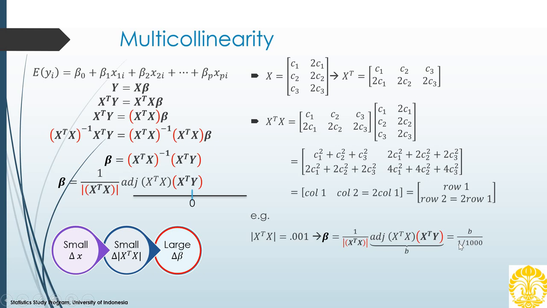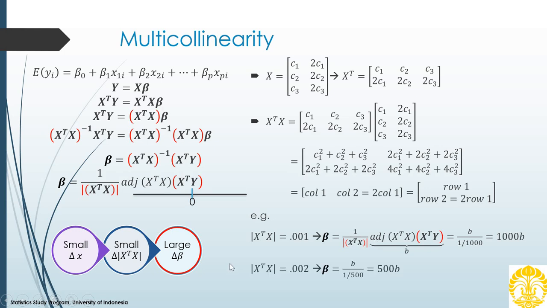We have b times 1 over 0.001, and 0.001 is 1 on 1,000, so the estimated beta is 1,000b, where b is some value determined by this expression.